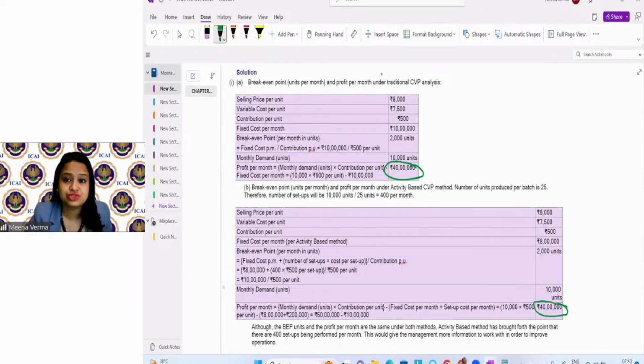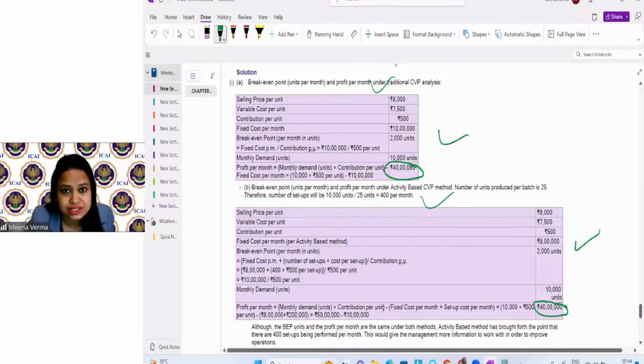You just have to find the profit. Sale minus variable cost minus fixed cost is profit. In both the cases, you have done the same thing. Just the way they have presented it is different, because one is traditional CVP analysis and the second one is ABC CVP analysis.